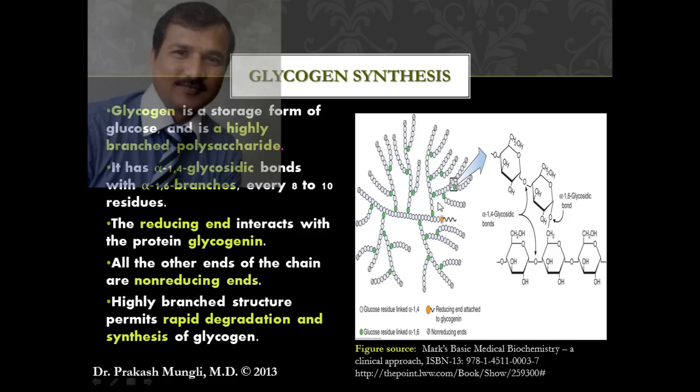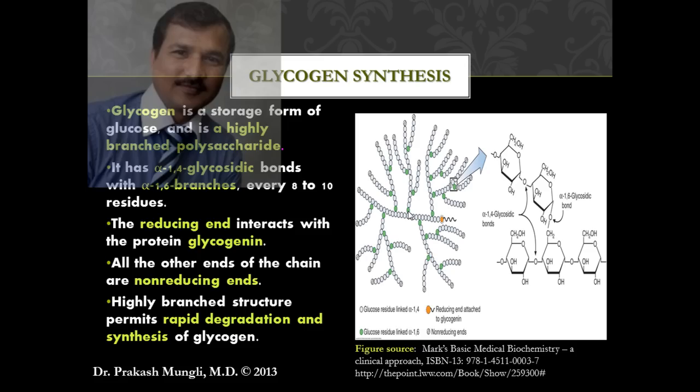But in our cell, you are going to find one branch point for every 8 to 10 glucose residues. All the green colored circles that you are seeing here are the branch points with alpha 1,6 glycosidic linkage.